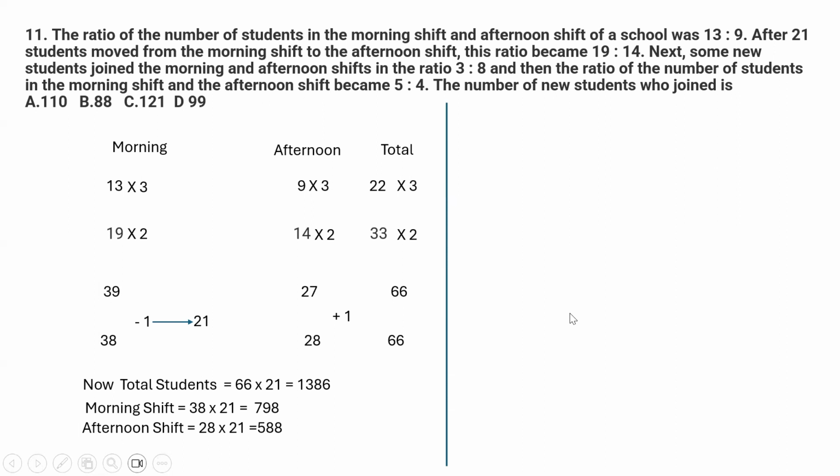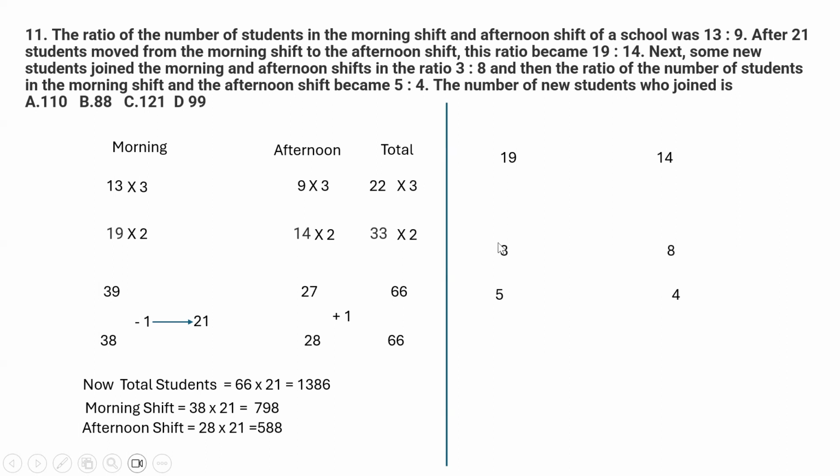So we can either go by allegation or we can go by forming an equation. First we will see how we can apply allegation here. So 5 is to 4 is the new ratio, right? 19 is to 14 is the ratio that we figured, the ratio that is given in the last slide.